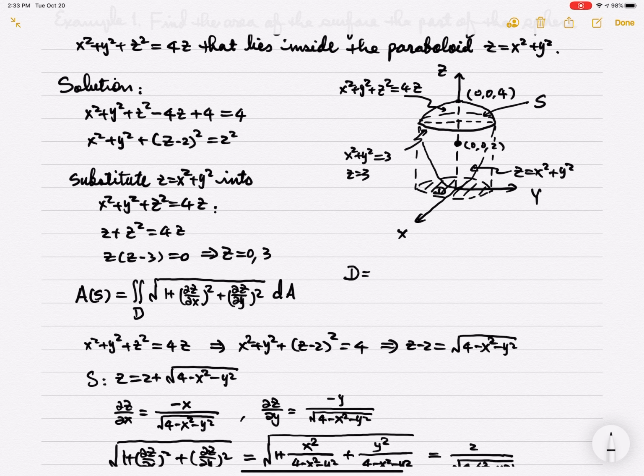So this D is r, theta, where theta is between 0 and 2 pi, and r is between 0 and root 3, because this circle is x squared plus y squared equal to (root 3) squared.